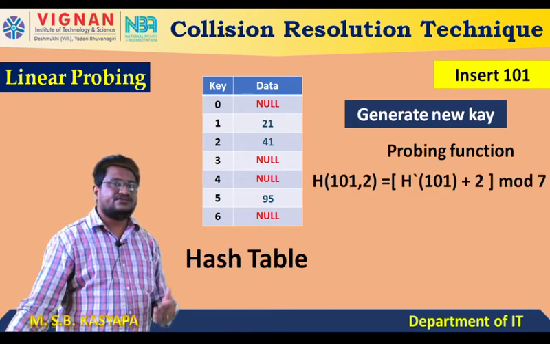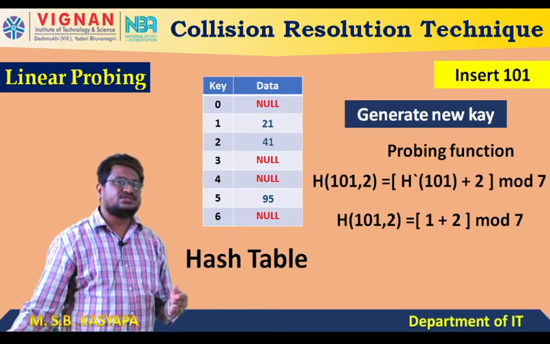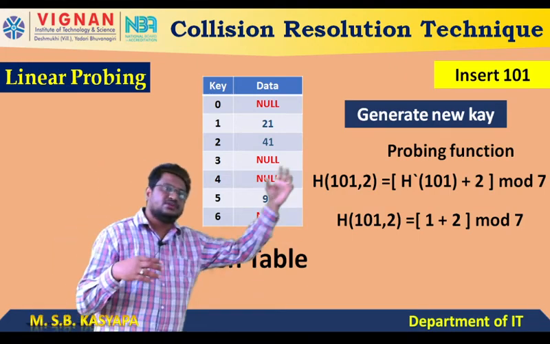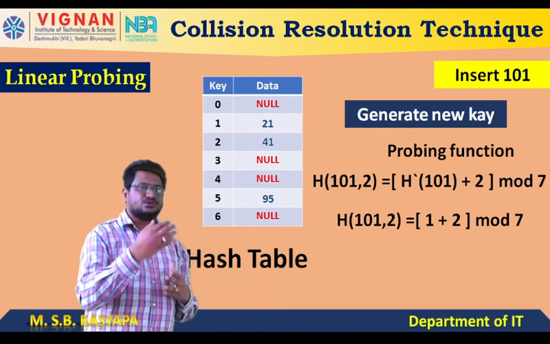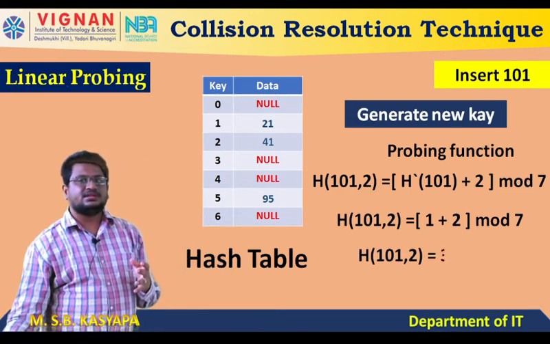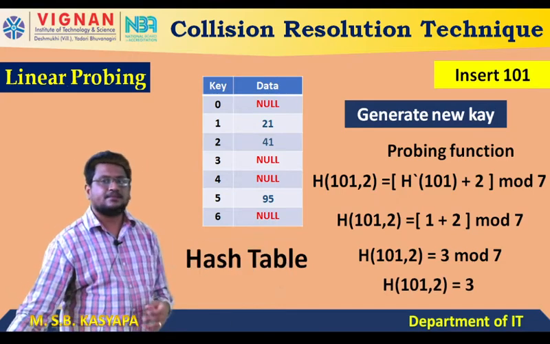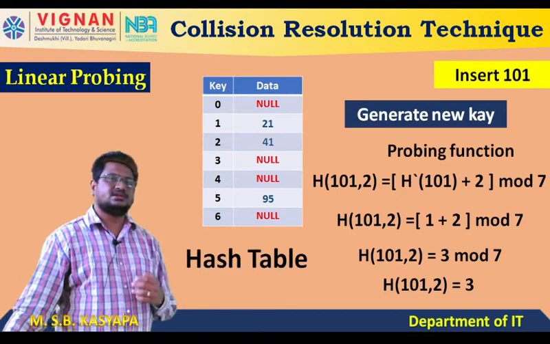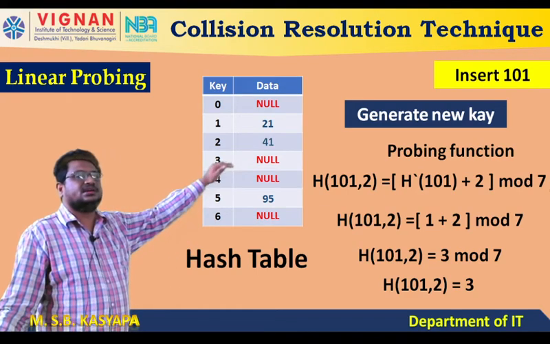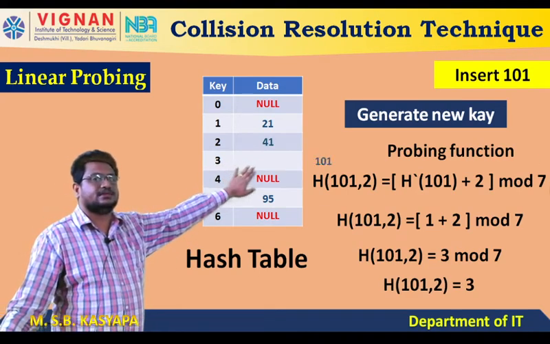Then h of 101 is already 1, and adding the probing value 2, 1 plus 2 equals 3, am I right? So 3 modulo 7 means 3. So I can store the value at 3.